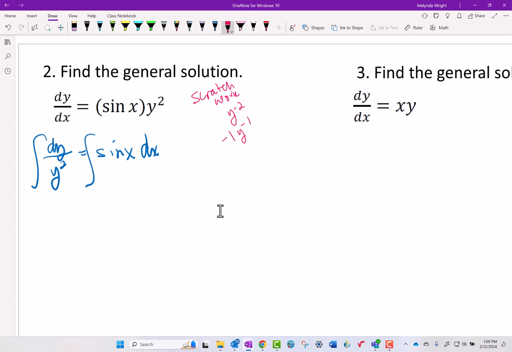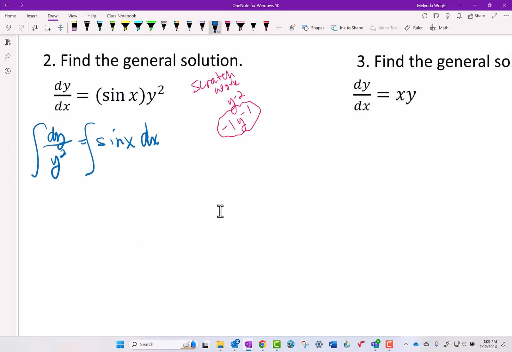So that is my antiderivative. We could do this in our head. We don't have to write it out, but I wanted to make sure we understand what's going on. So I'm doing the reversal power rule, and this becomes negative 1 over y, because y to the negative 1 is negative 1 over y. And that's the antiderivative for the left side. Are we okay with that?